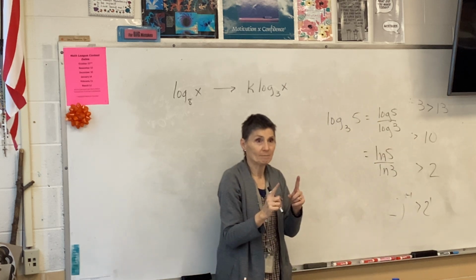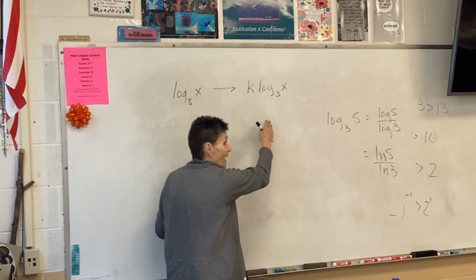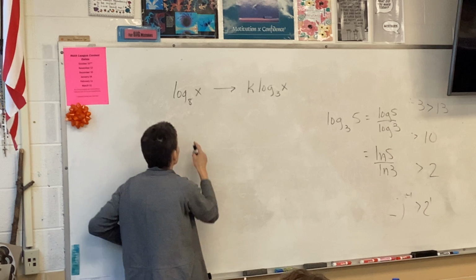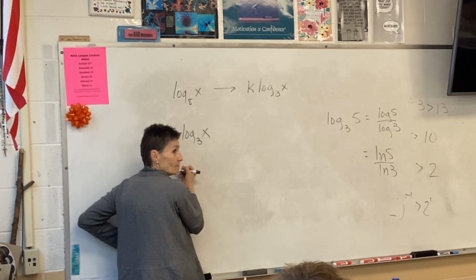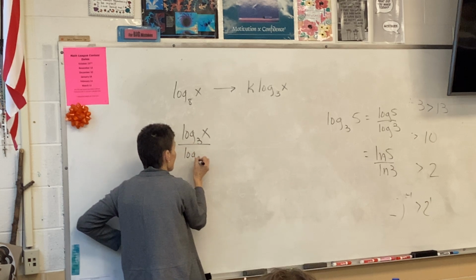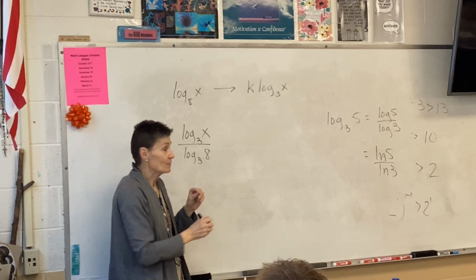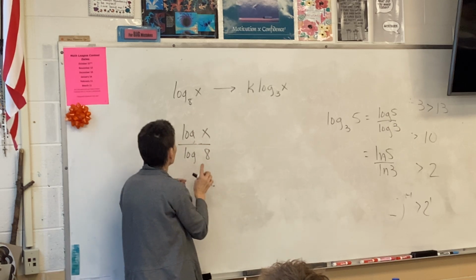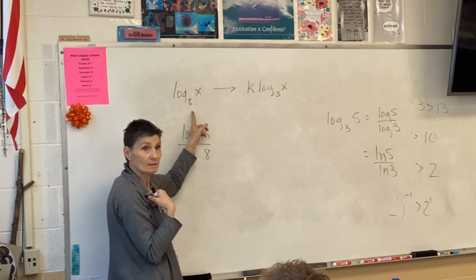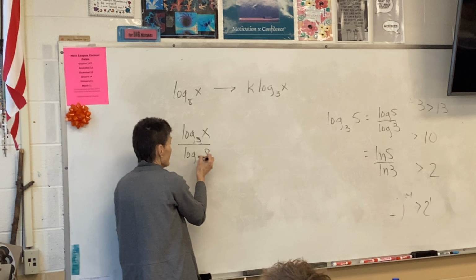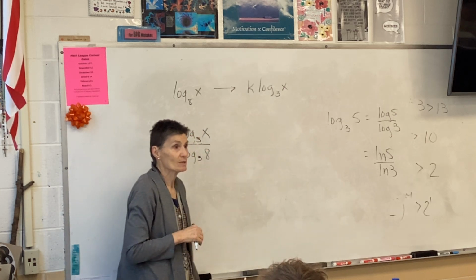So in this problem, I'm not looking to type it into my calculator. I want to change it from this into that. So what if I rewrote this as the log base 3 of x over the log base 3 of 8? Do you see I'm doing the same thing? Instead of saying log x over log 8, which is what I would do if I'm typing it in, I'm saying I'm going to use base 3. Why? Because that's what the problem says I need to be using.